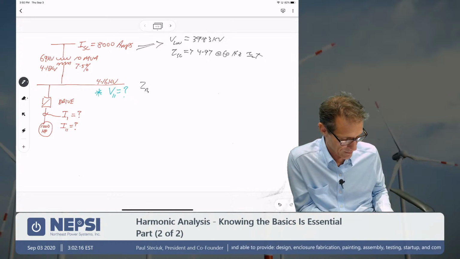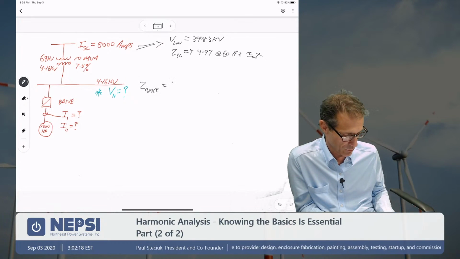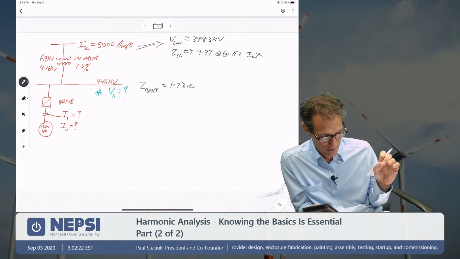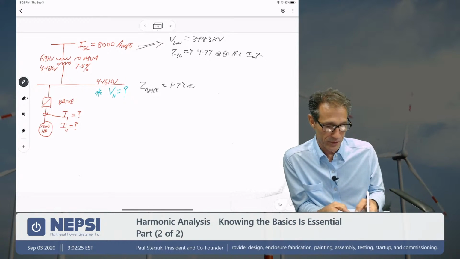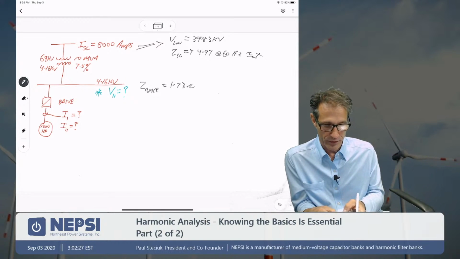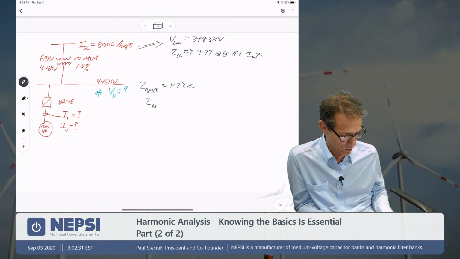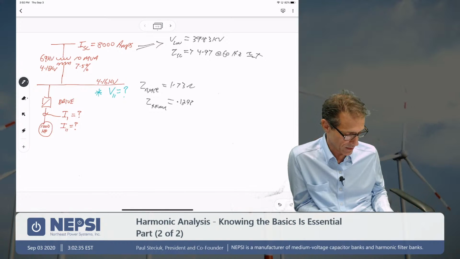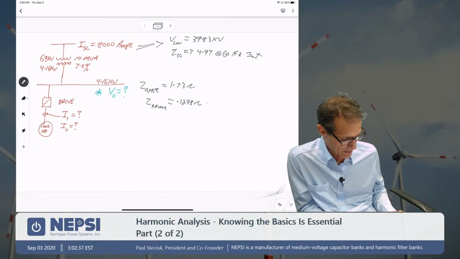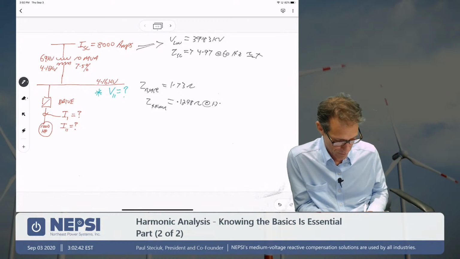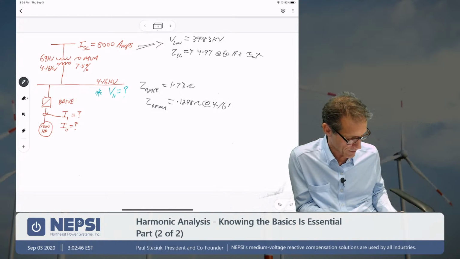So Z base equals 1.73 ohms, and the impedance is 0.075, so I multiply that times 0.075, and I come up with Z of the transformer equals 0.1298 ohms, and that's at 4.16 kV.